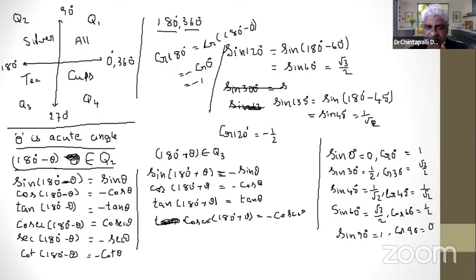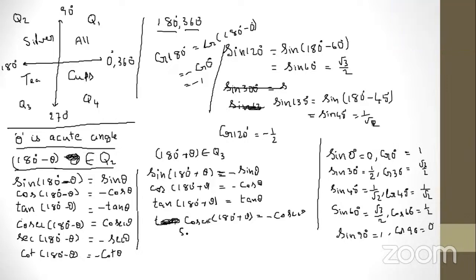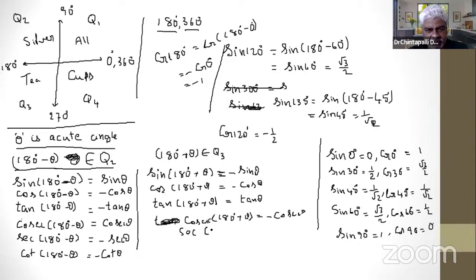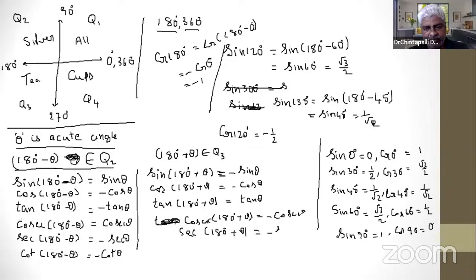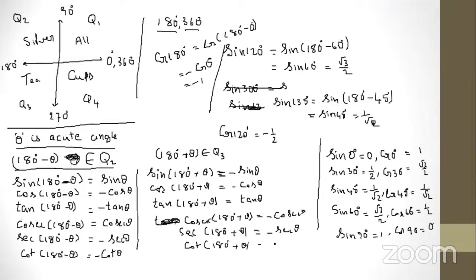Negative cosec theta. Yes, sir. What is sec of 180 degrees plus theta? Negative sec theta, sir. Yes, negative sec theta. What is cot of 180 degrees plus theta? Cot theta, sir. Very good.